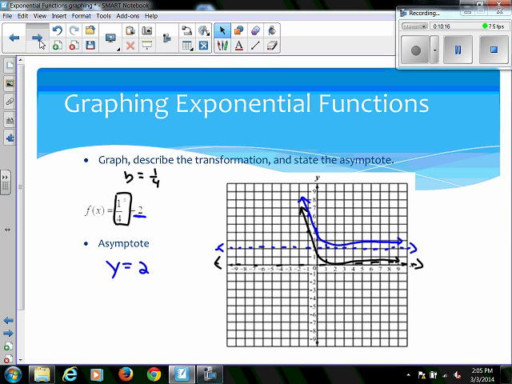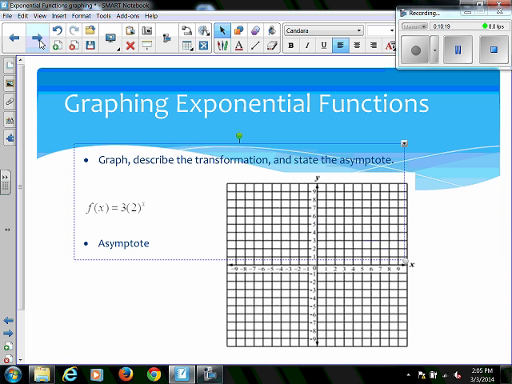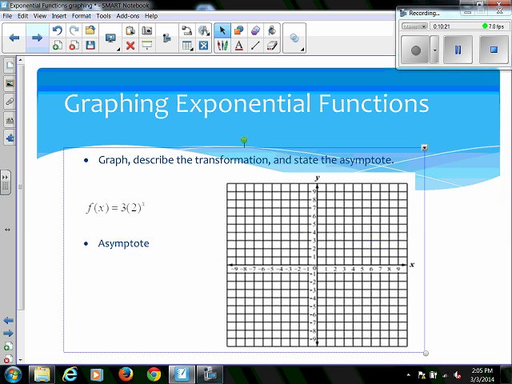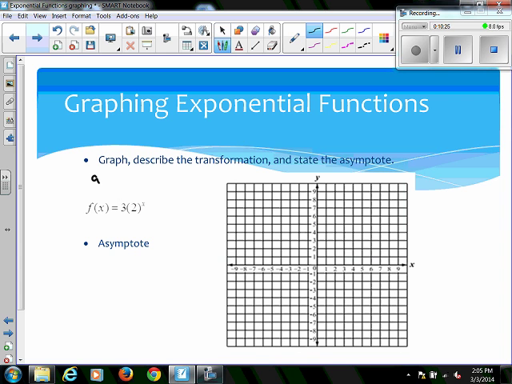This one looks different because now I have an A and a B. A is 3, B is 2. No worries here. Let's just graph B to the x power. So 2 to the x power. I'm going to graph my same 3 points, 0, 1, 1, 2, and negative 1, 1/2.